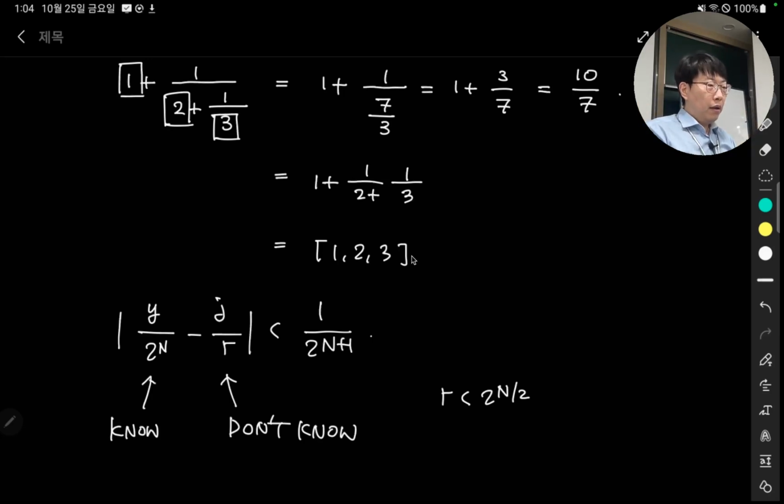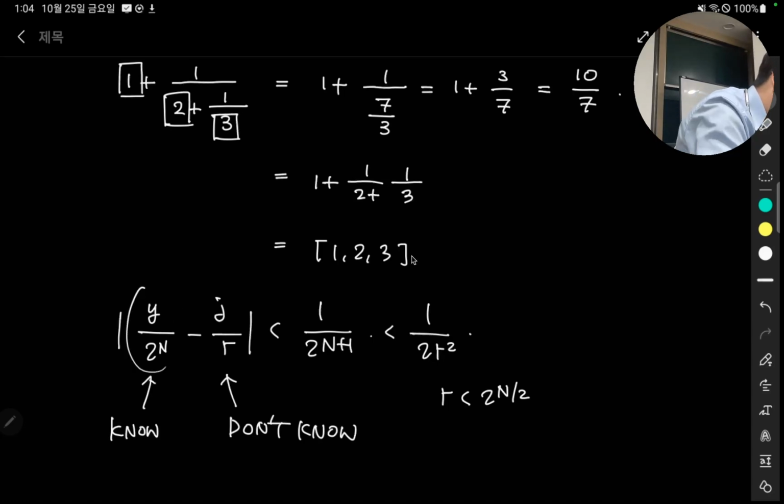So we have to assume that our sequence of 2 to the n length is long enough so that it contains at least two iterations of this periodic sequence. Therefore, you can say this is less than 1 over 2 times r squared. So this is what we want.